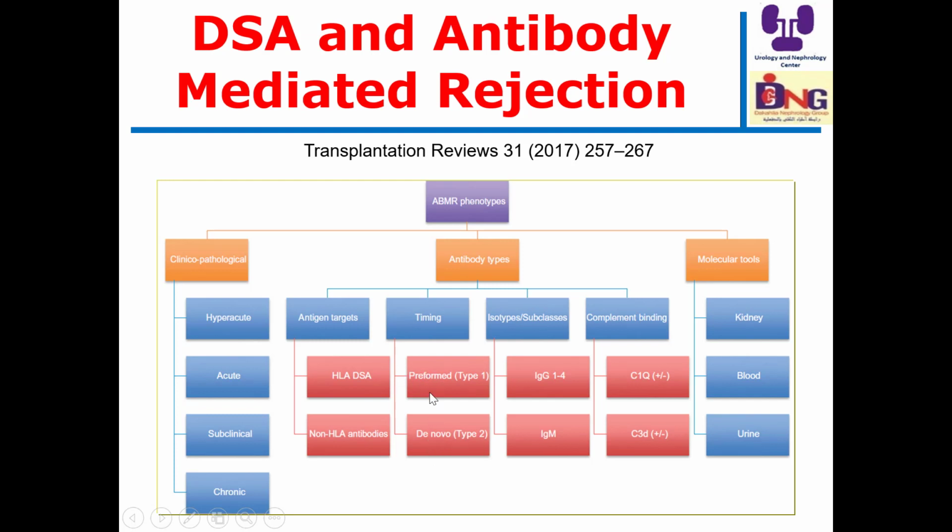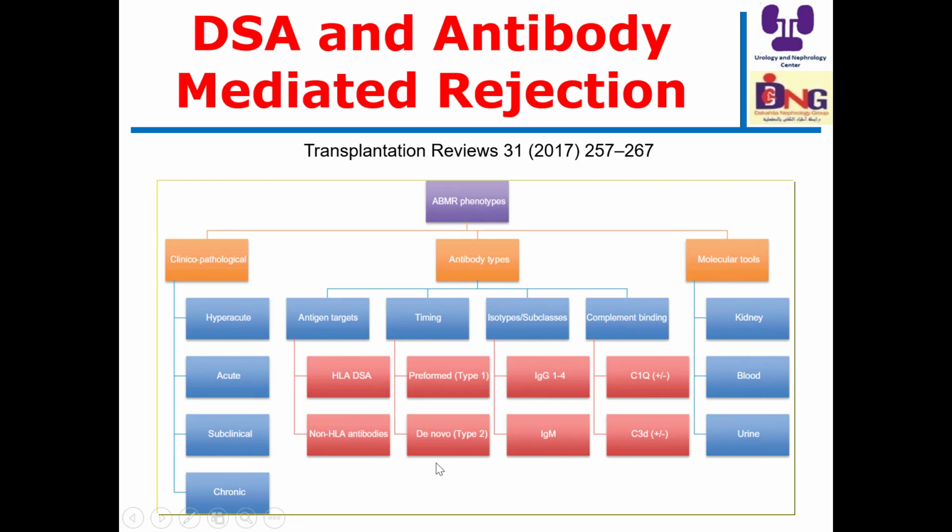Just knowing it is preformed or de novo, this determines the type of rejection. So type 1 antibody-mediated rejection occurs in patients in whom the preformed anti-HLA antibodies were detected and diagnosed, and type 2 antibody-mediated rejection occurs following de novo DSA. Okay? Is there a difference between type 1 and type 2 antibody-mediated rejection?